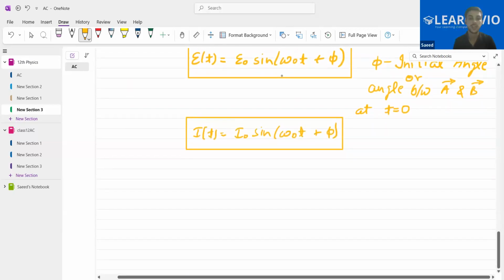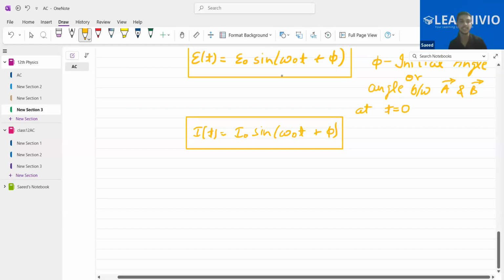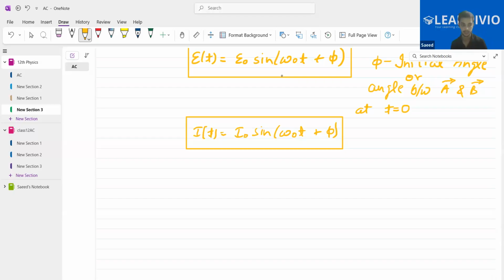Okay, let's move ahead. Till now we have seen that the EMF is changing with time, and I of t is also changing with time. In DC, we used to describe our circuit by saying we had connected a voltage source of 2 volt there, or a voltage source of 3 volt there.